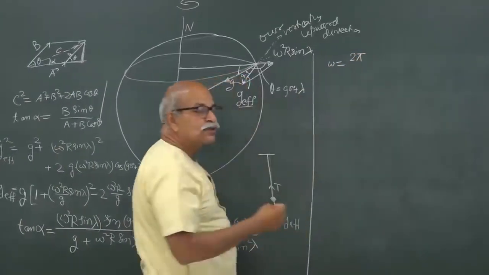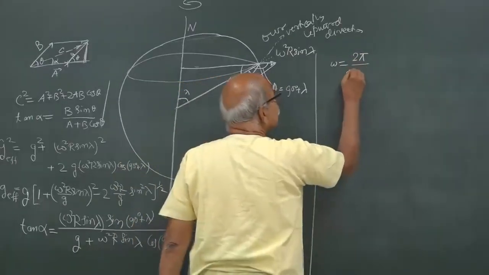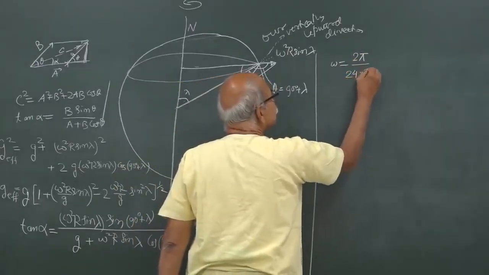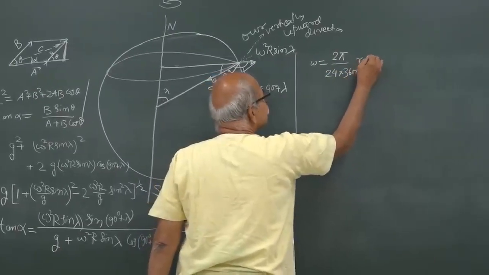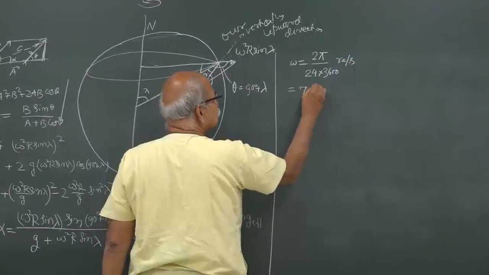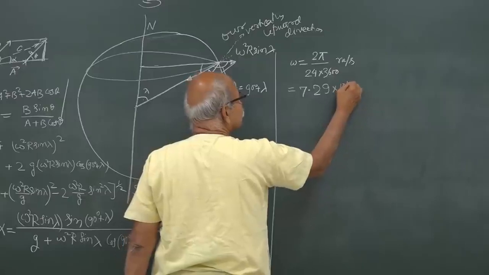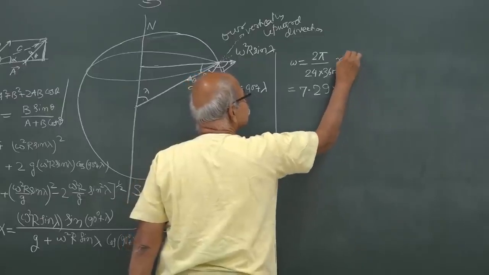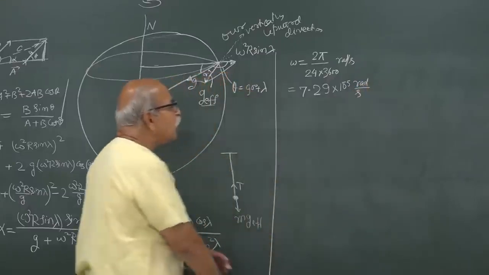Earth rotates by 2 pi radians in 24 hours. So, 24 into 3600 radian per second, and if you work out, this turns out to be around 7.29 into 10 to the power minus 5 radian per second. So, it is a small number.